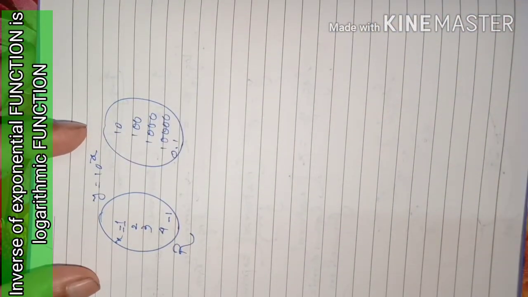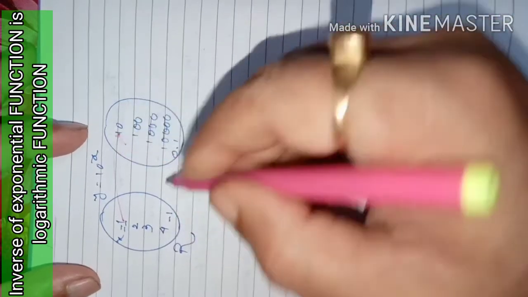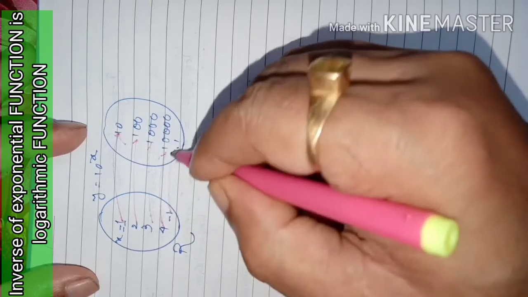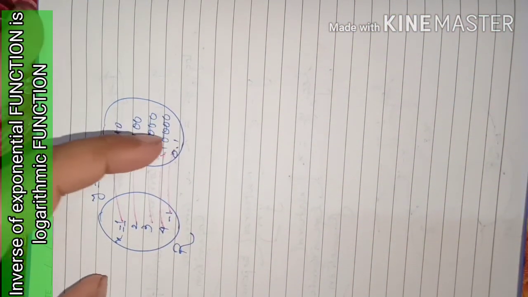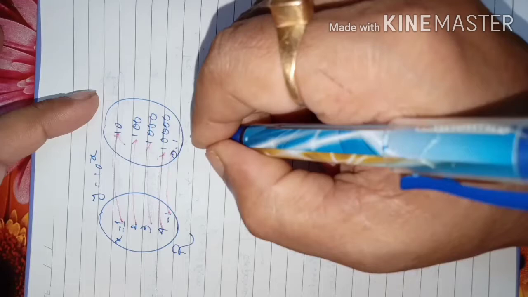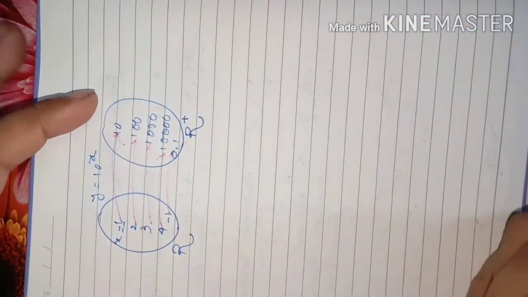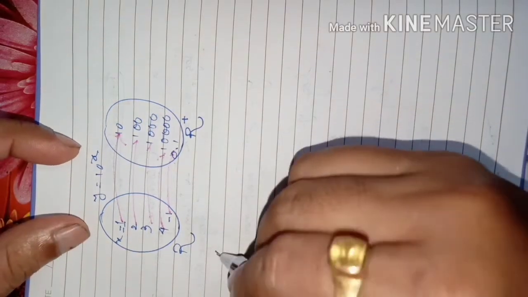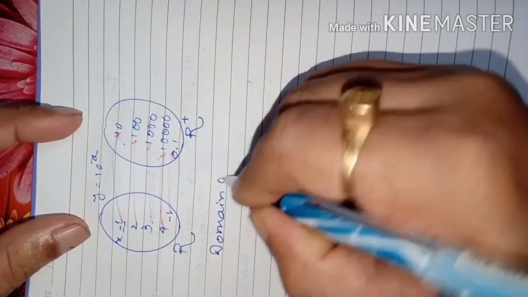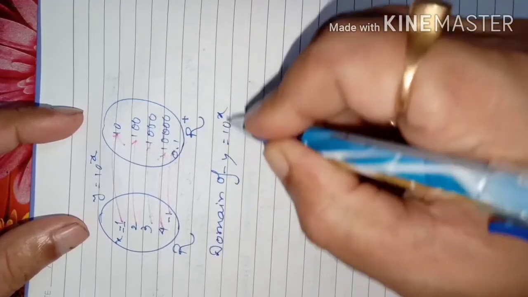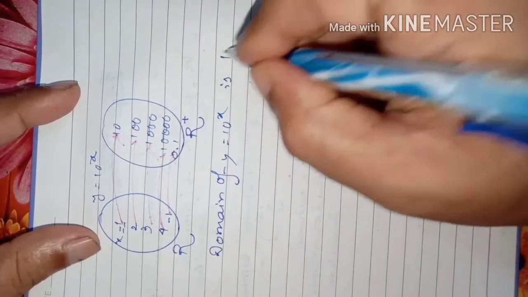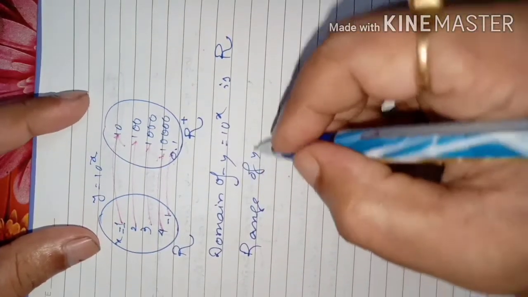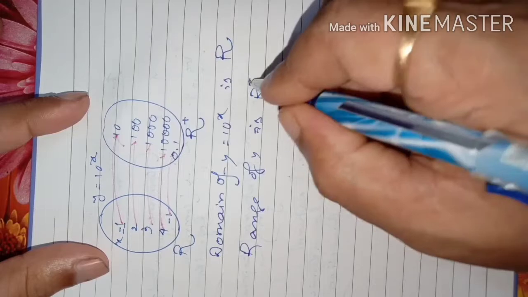So you see 1 is connected to 10, 2 to 100, 3 to 1000, 4 to 10,000, minus 1 to 0.1. All these are positive numbers, so the range is the positive real numbers. For the exponential function y equal to 10 to the power of x, the domain is the real numbers, and the range of y is the positive real numbers.